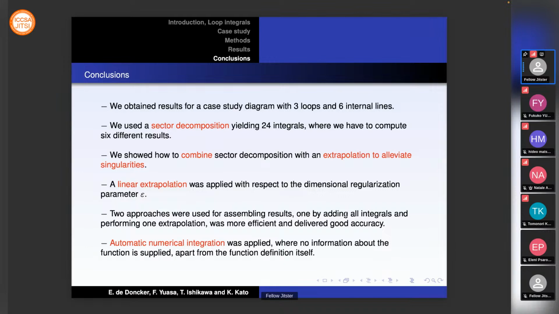The second one was the easiest one to do, and so was efficient and also gave good accuracy. For the individual integrations that we have to do, we used automatic numerical integration, where no information about the function is supplied apart from the function definition itself. So this concludes my talk.